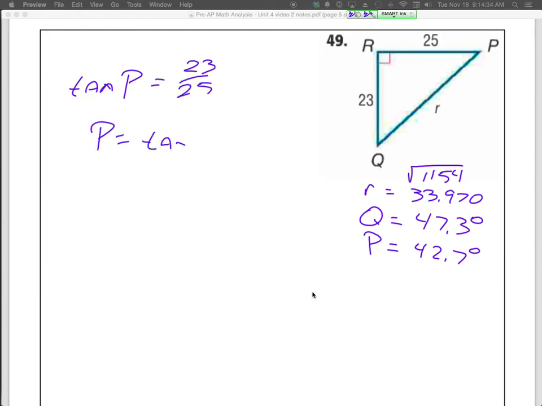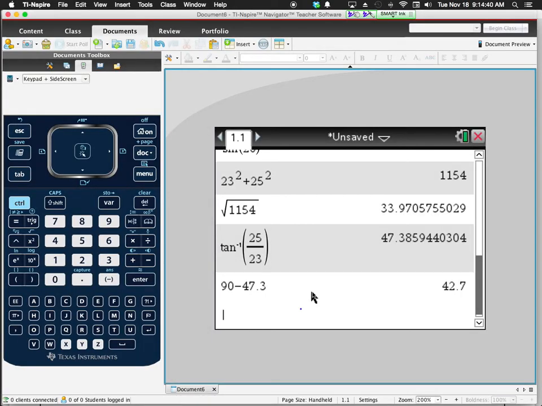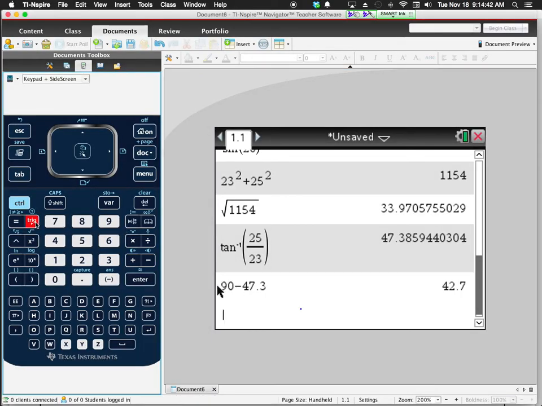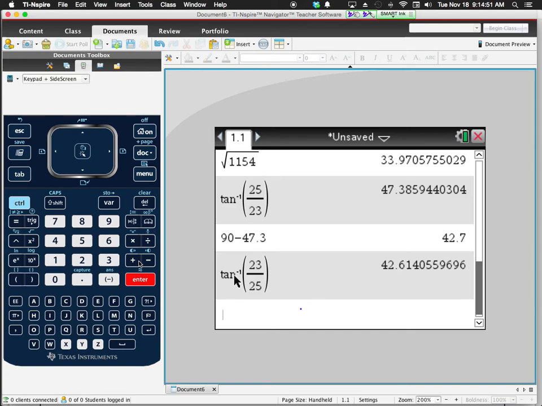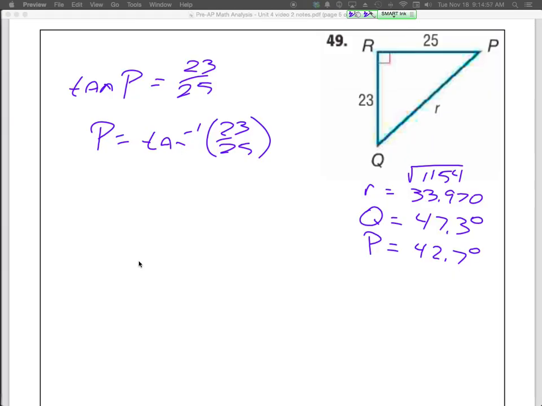So I get inverse tangent 23 over 25. And I punch that in there. So trig, inverse tangent 23 divided by 25. Press enter. We get 42.6. But I need it to add up to 90, so I've got to make it 42.7.